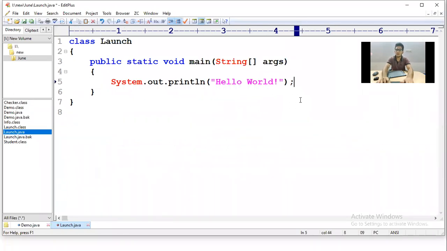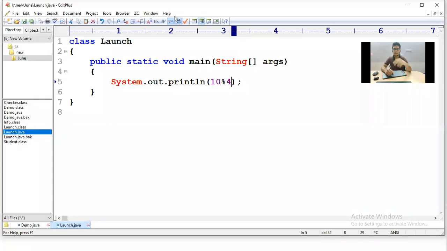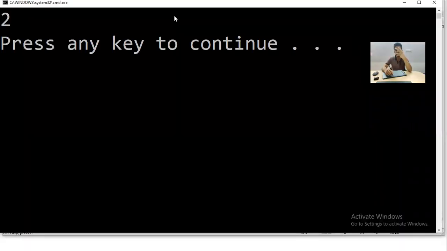What I would like to do is test this mod operator. 10 mod 4. What is the answer here? The answer will be 2, right? So let's see. Now compare. Yes, the answer is 2.